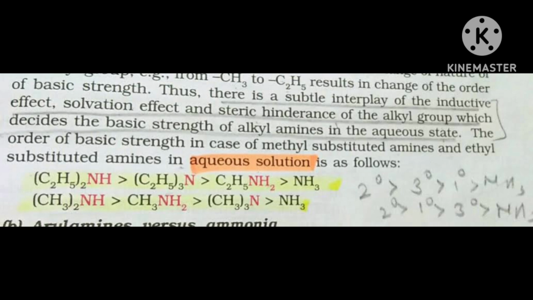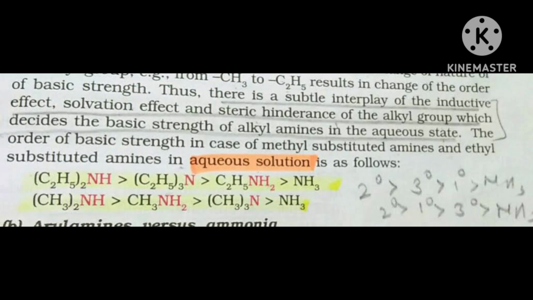Correct? When 2 ethyl groups are attached, only one H remains with N, that is (C2H5)2NH. This is stronger than when 3 ethyl groups are attached with N, where all H is substituted with ethyl. Why? Because of the steric effect. In the first case only 2 C2H5 are there, less hindrance, but now 3 are there in (C2H5)3N.